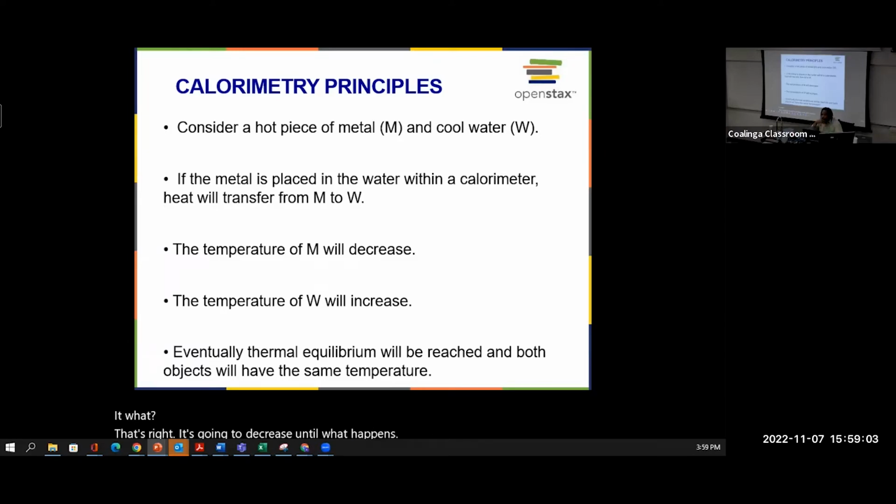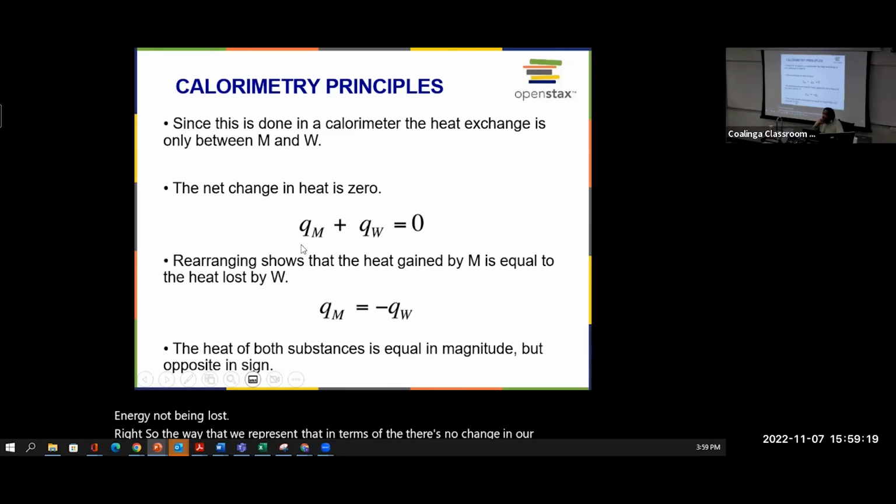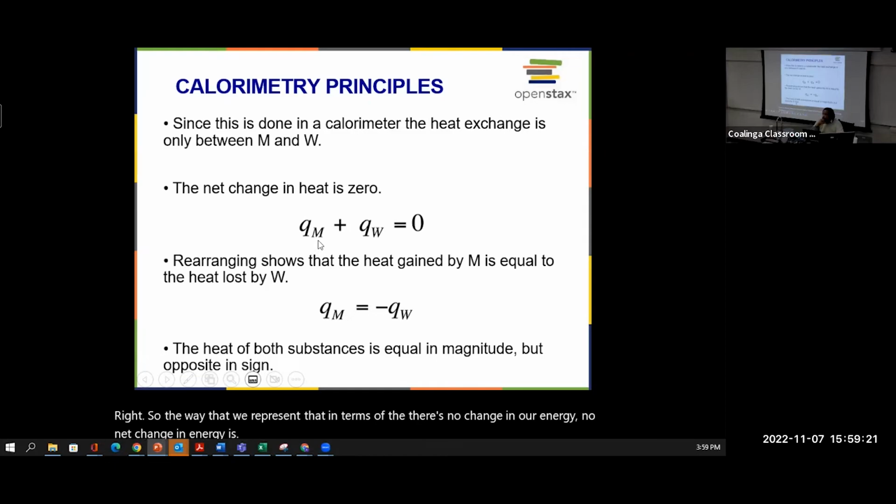Until equilibrium. Okay. So now, how do we represent that in terms of energy not being lost? The way that we represent that, with no net change in our energy, is Qm plus Qw equals 0. So at the end of the day, it has to add up to 0.